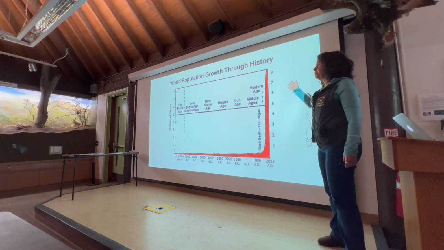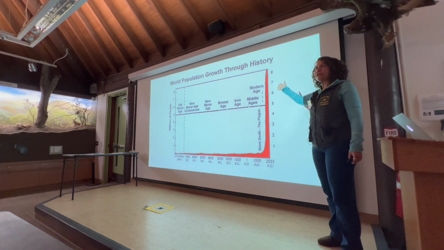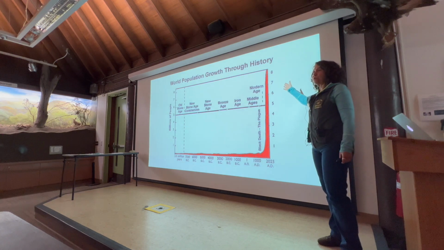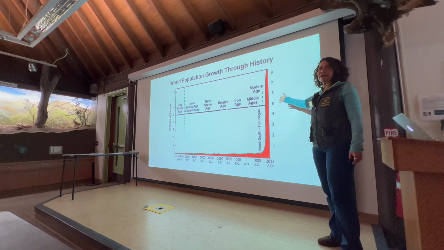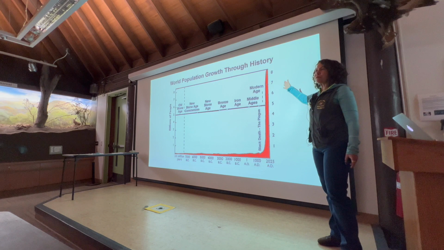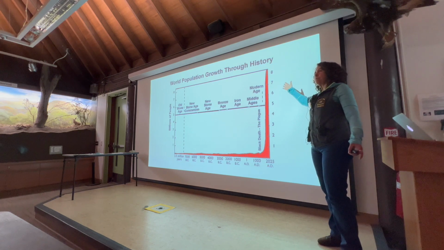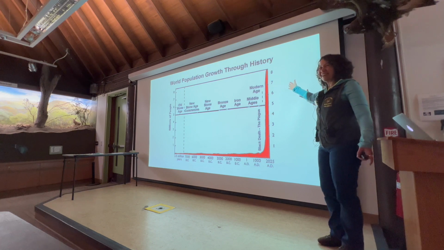And it is not possible for this many relatively large animals to not have an effect, right? There's almost no way that you could have this many of anything, if it were, you know, mountain lions or, right?